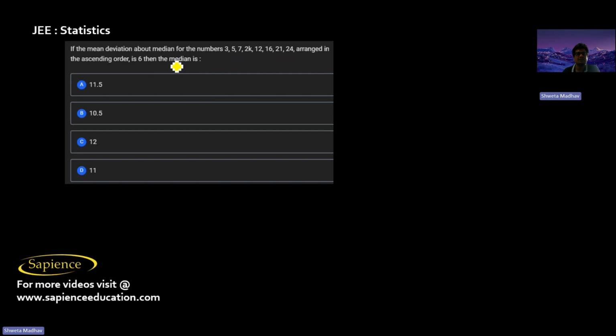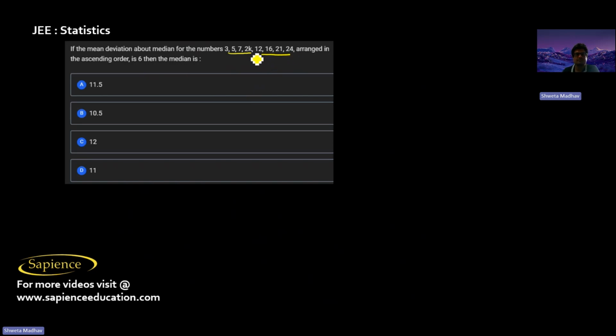Then the median is... So they are arranged in ascending order. Here we have 4 numbers and here we have 4 numbers. So these are arranged in ascending order only.